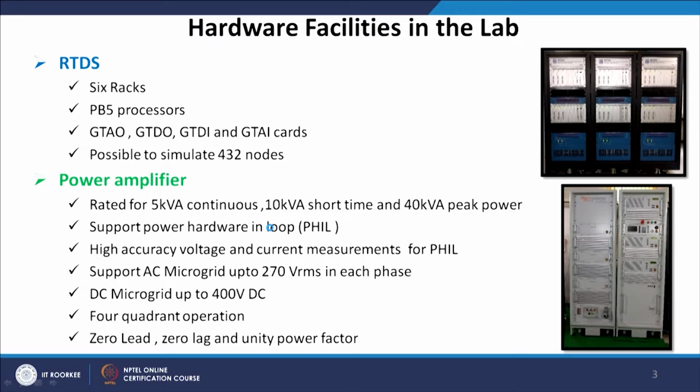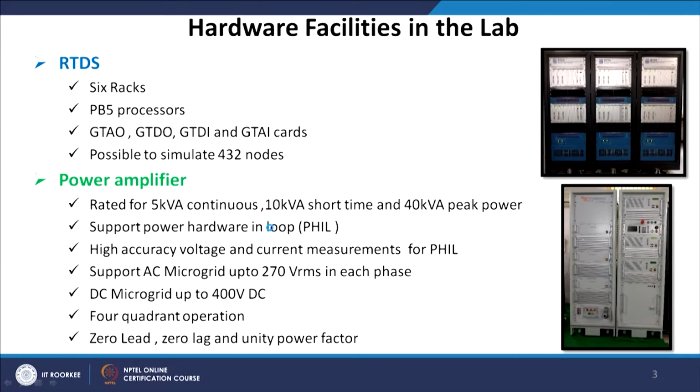It supports the AC microgrid up to 270 volts RMS in each phase. Though we do not operate beyond 250 volts at a given time, it has the capacity, and when the phase voltage goes as high as 270, it can still be made operational.